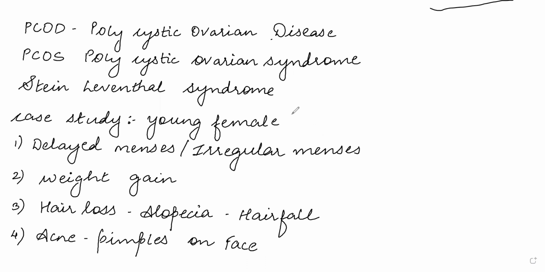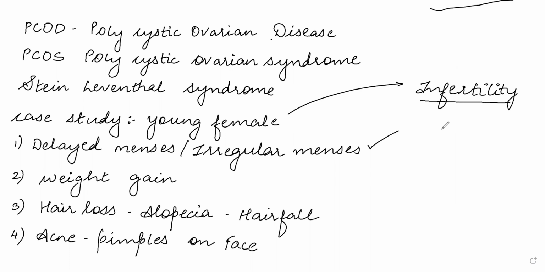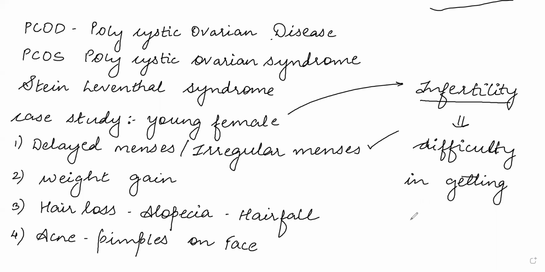And very classically, what usually gets this female to the clinic is either the complaint of irregular periods, or in future, the chief complaint is infertility, which is difficulty in getting pregnant.